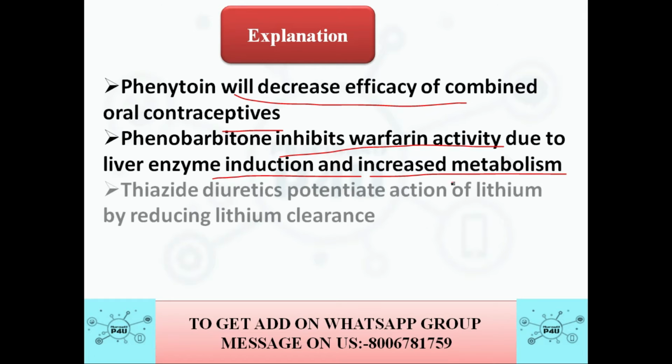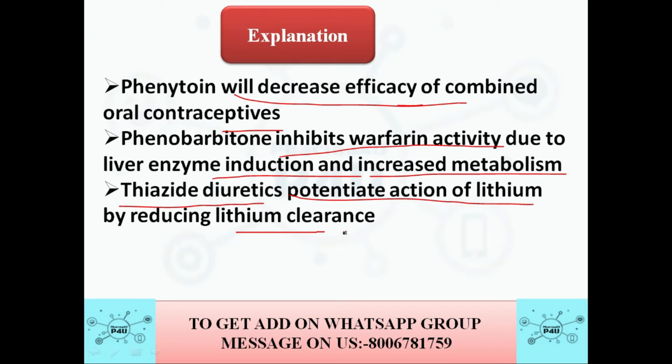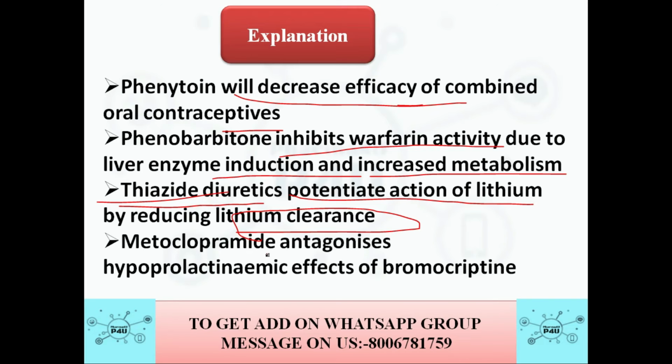Now the thiazide, which is the correct answer: thiazide diuretics potentiate the action of lithium by reducing lithium clearance. So students, it is the correct answer and this is the reason. Now the next point is metoclopramide antagonizes the hypoprolactinemic effects of bromocriptine. So students, which is the correct answer? It is that thiazide diuretics potentiate the action of lithium by reducing lithium clearance.